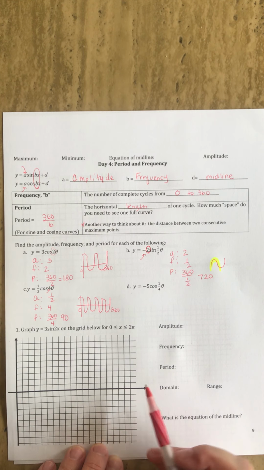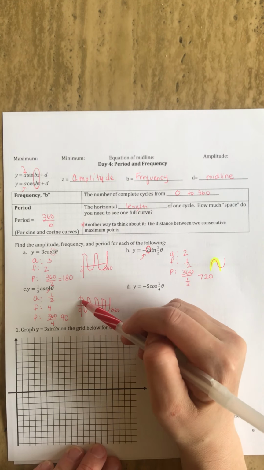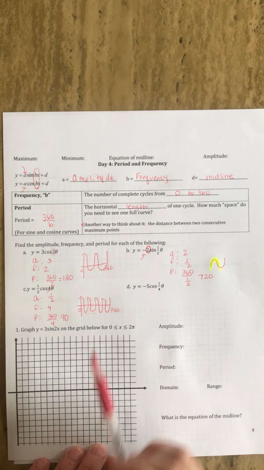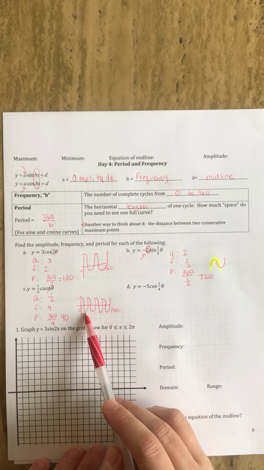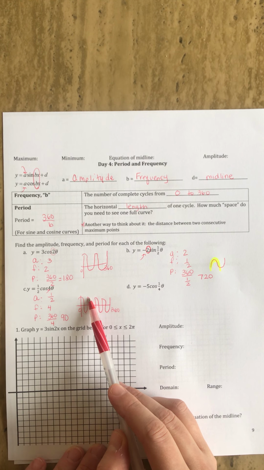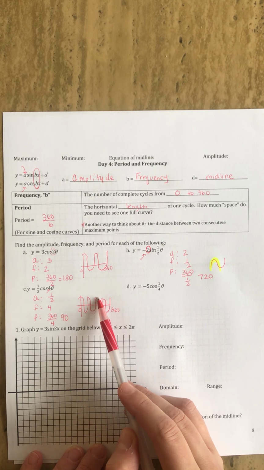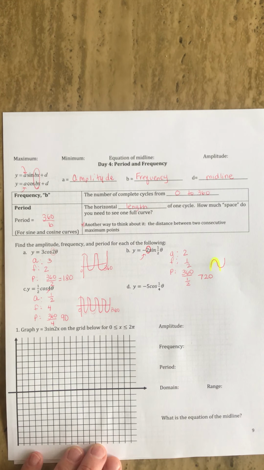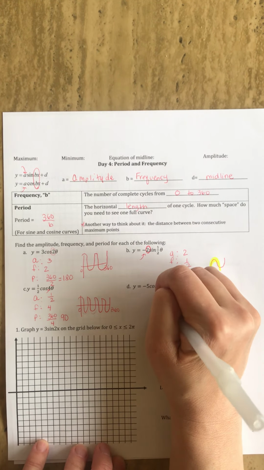So our first cycle would start at 0, end at 90. The second would start at 90, end at 180, then 180 to 270, 270 to 360.